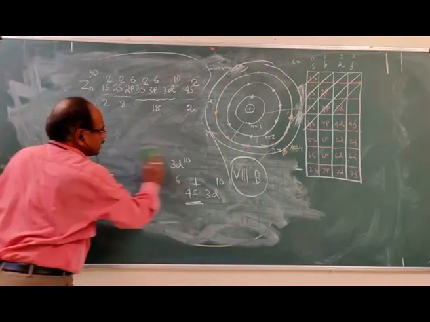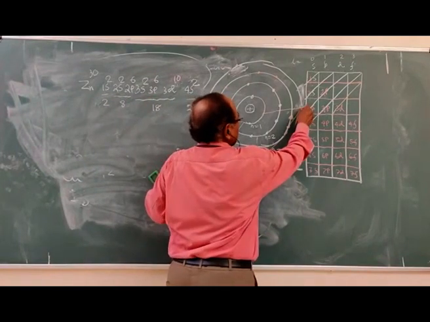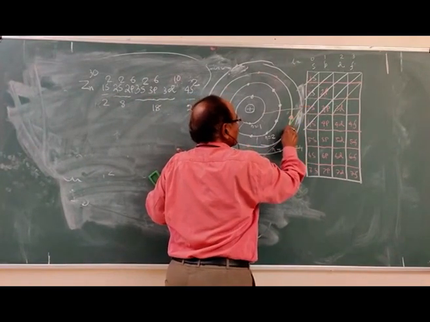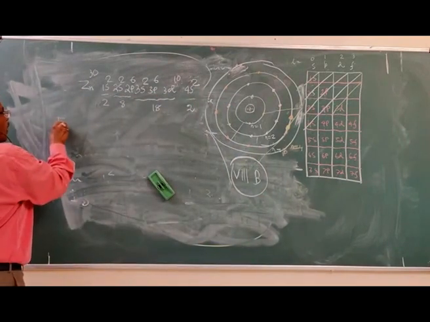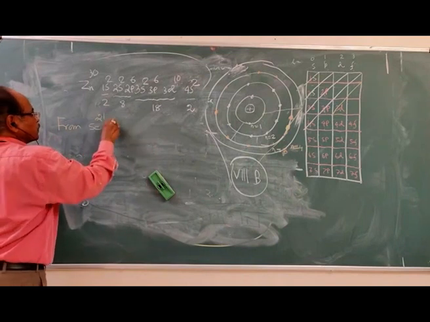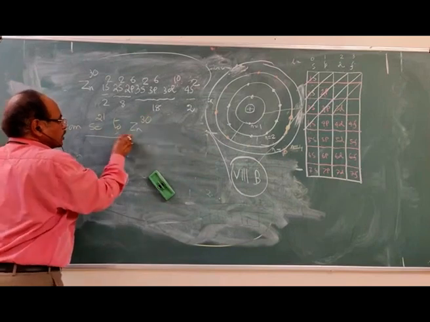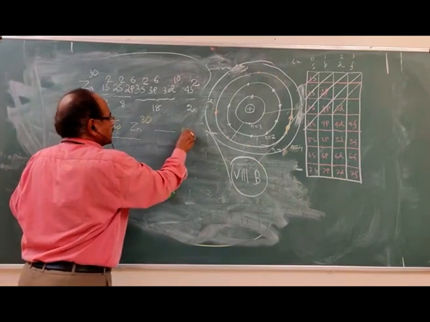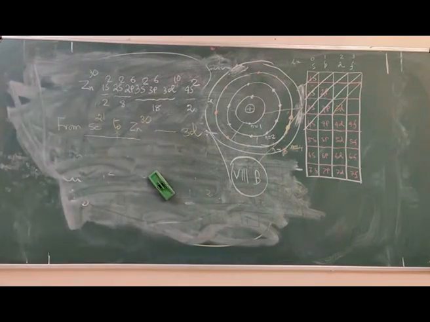What we were doing here: from the outermost shell, we came to 3d now. From scandium 21 to zinc 30, the electrons are filled into the 3d orbital.